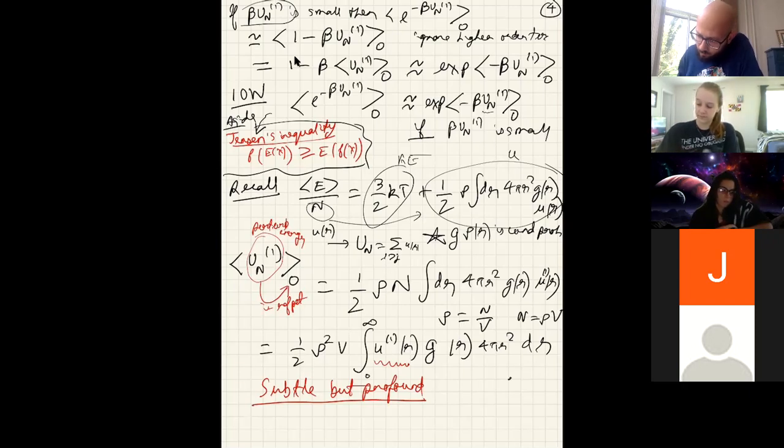Let's call this one equation 1 and this one equation 2. Equation 2 has an integral going from 0 to infinity, and it has the perturbation energy U1, but this equation needs to be calculated in the original unperturbed ensemble.